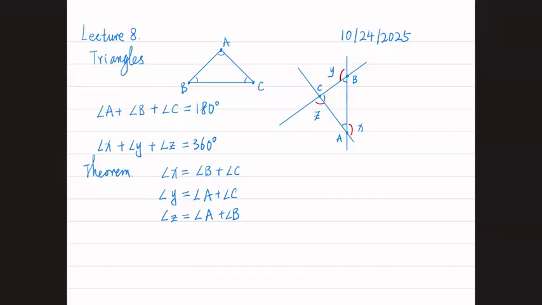How do we prove this? Amy, what would you do? Why does this angle equal the sum of B and C? Do we use this angle?